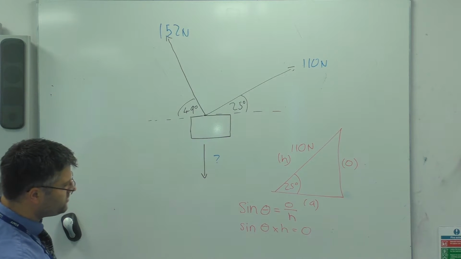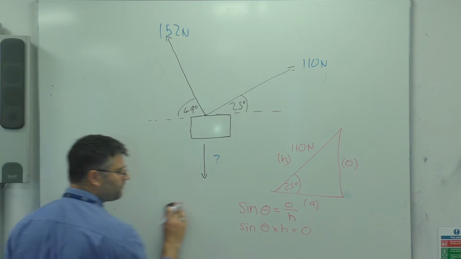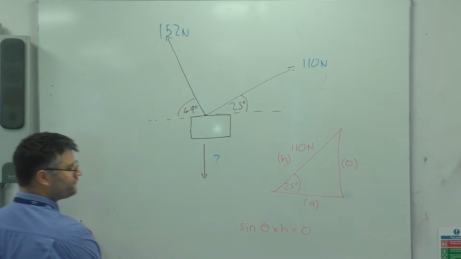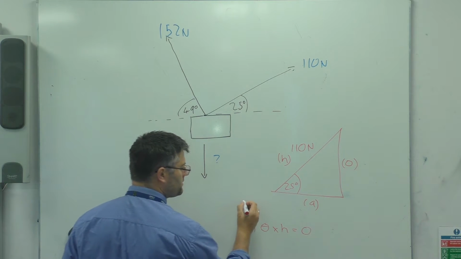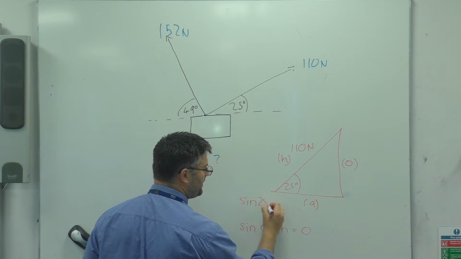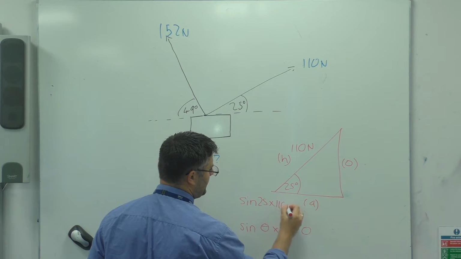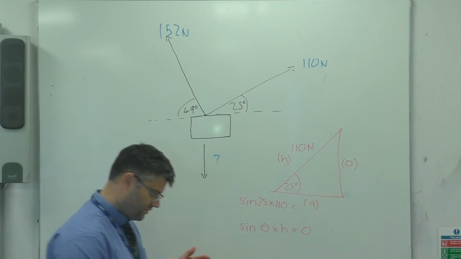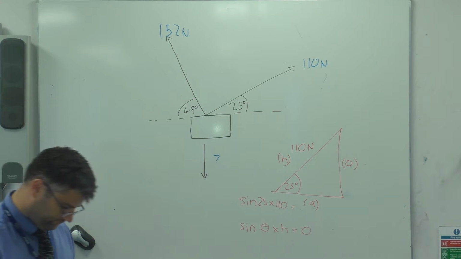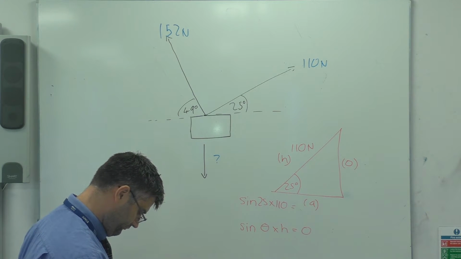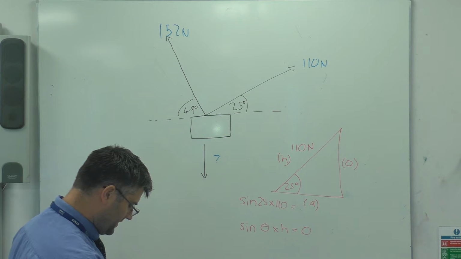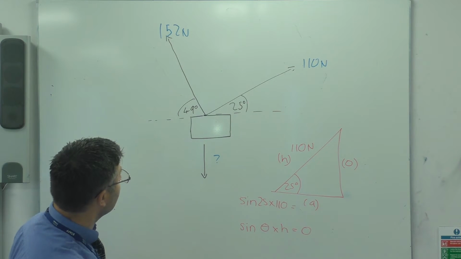So I can plug some numbers into that then. So sine 25 times by 110 equals 46.5 pretty much.